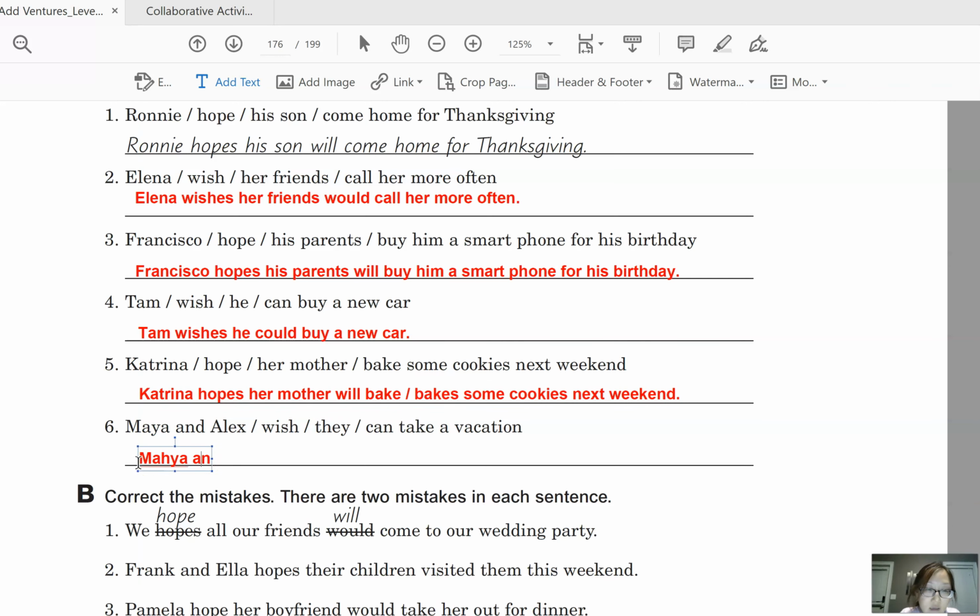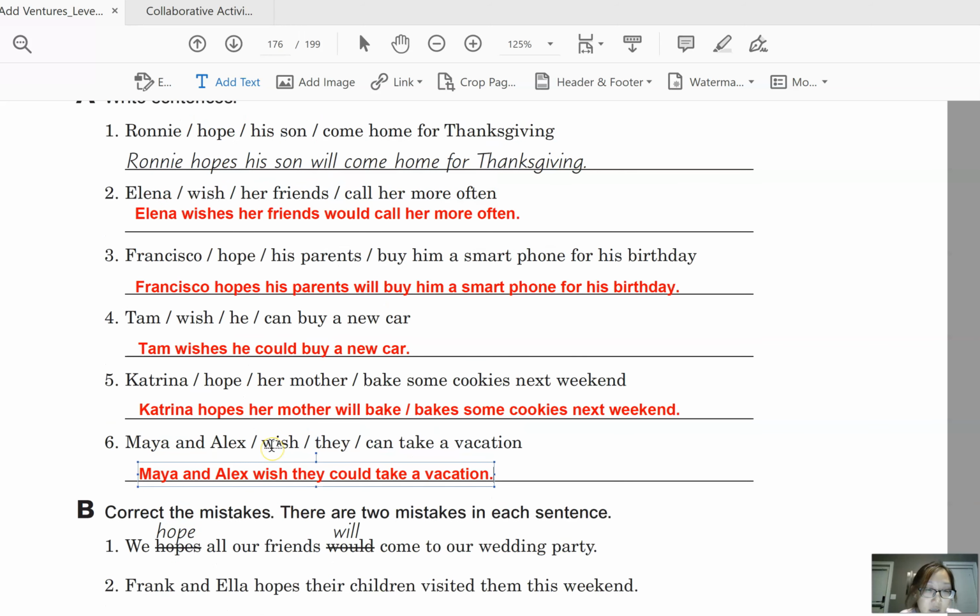Okay, so in this case, it already says can, so we know that we have to use could, but it also talks about their inability to take a vacation, like they can't, even if they had the intention, they are not able to, maybe because they cannot take some time off from work. Okay, they can't take any time off from work. Okay, so for exercise B, you can go ahead and move on to part 3 of this lesson.